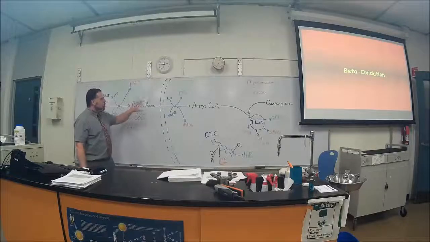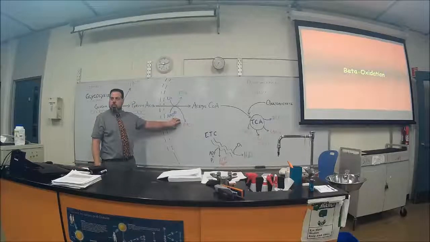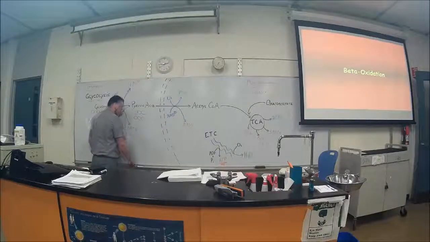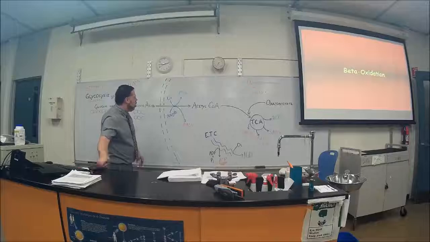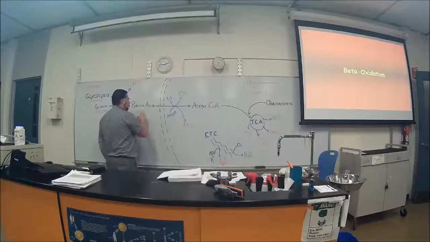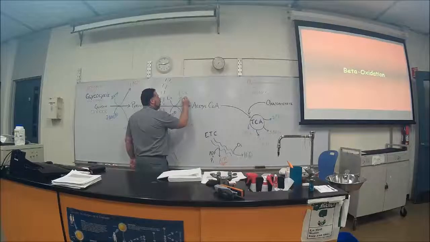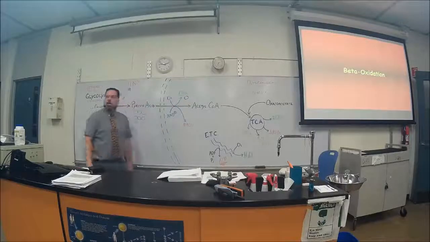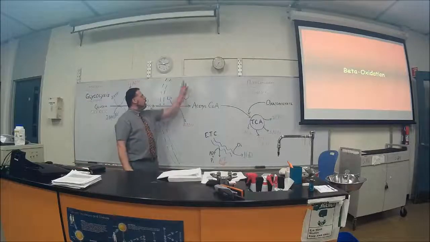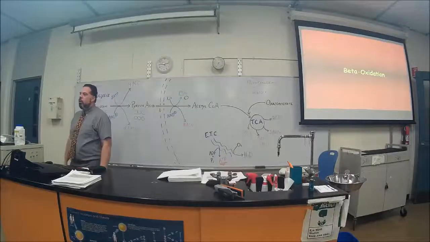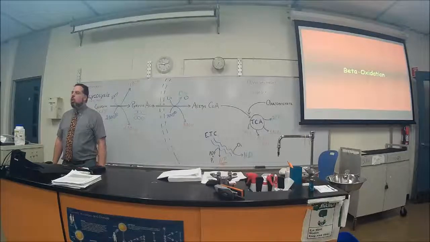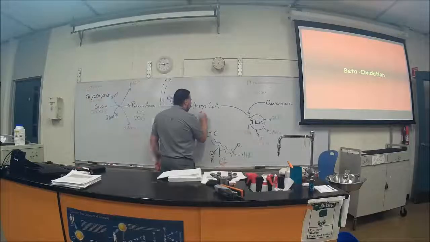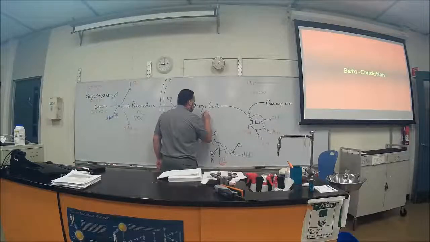So one goes into here with oxygen. One of the carbons goes off here and combines with 2 oxygens. There's one carbon that comes off, leaving us how many carbons on one? 2, right? So this acetyl-CoA is a 2-carbon structure.